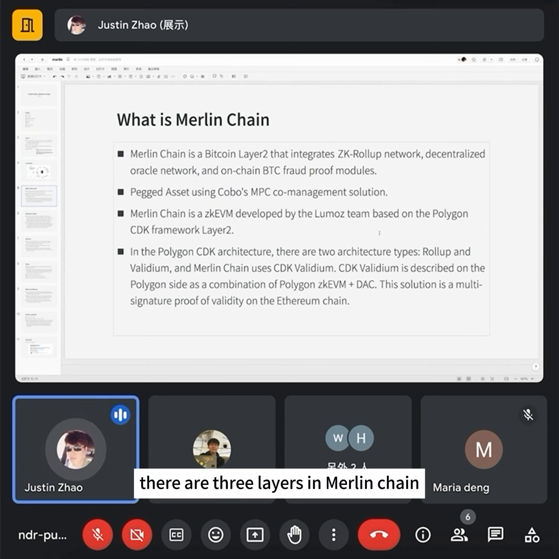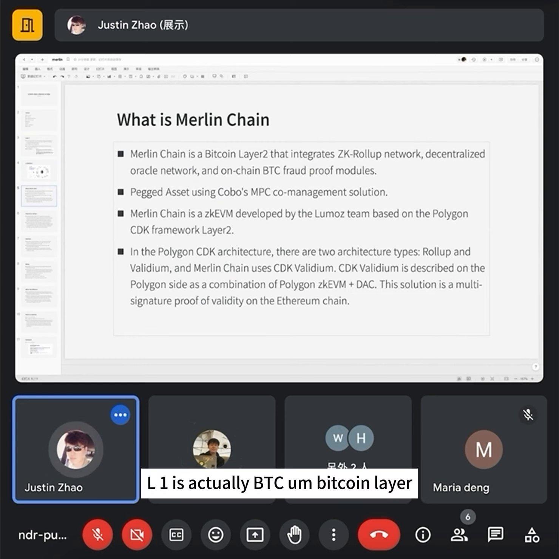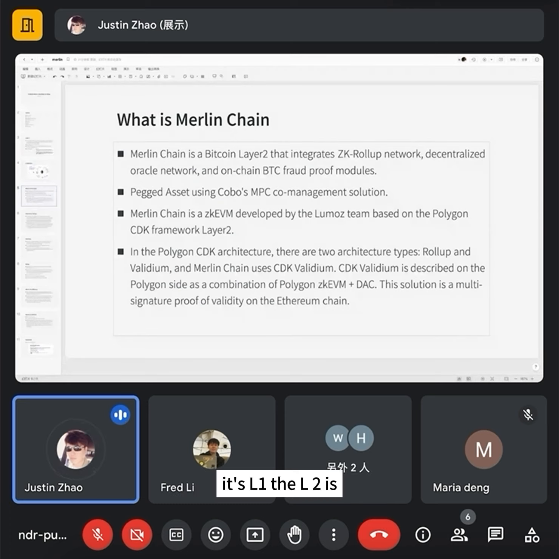there are 3 layers in Merlin chain. Layer 1 is actually the Bitcoin layer. The layer 2 is the ZKEVM. The layer 3 is DAC.